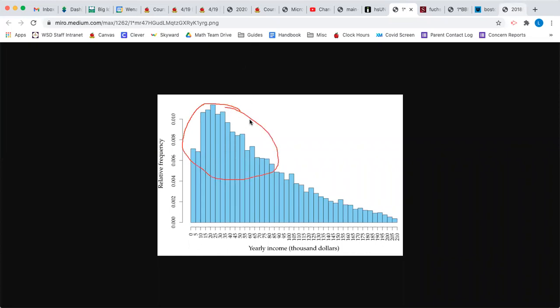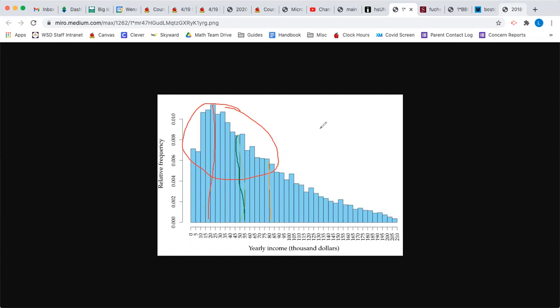And again, this is another example where we have a mode over here. The median will be somewhere right here. I probably should have done that in a little bit more obvious of a color. I'll put it in green. And then the mean is going to be somewhere over here because of how incredibly skewed the data is.